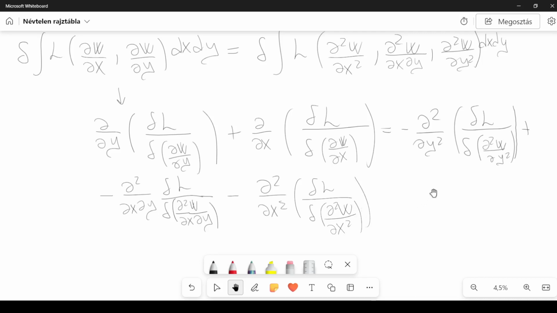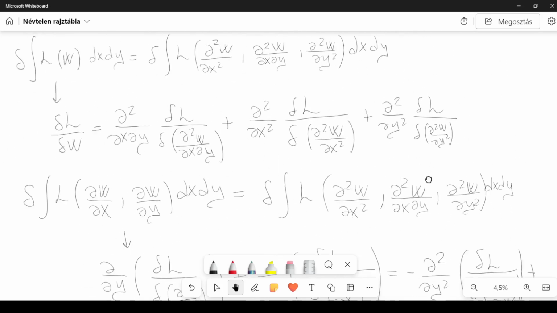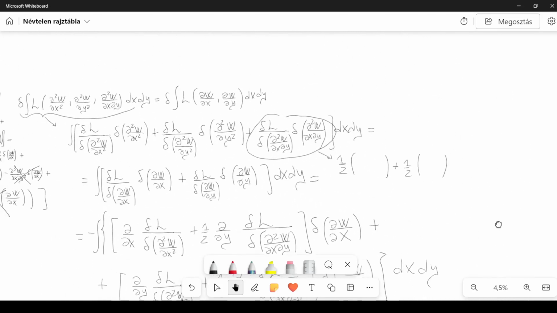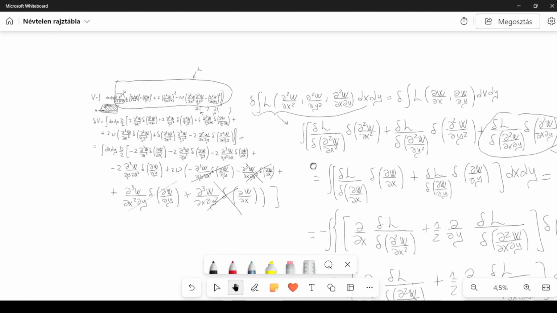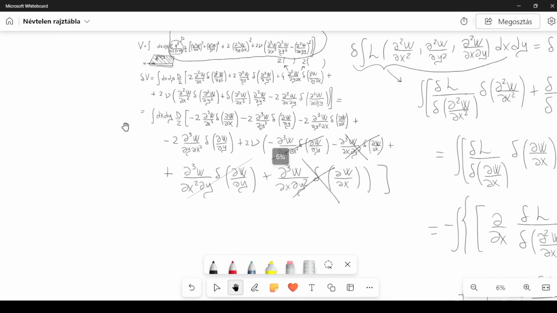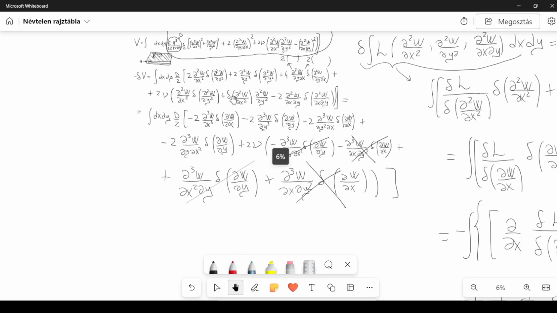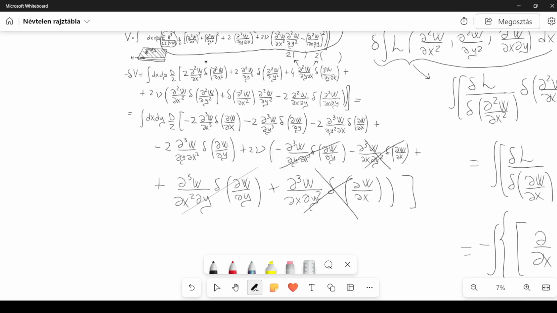Now let me use some physics, not just mathematics. In particular, if we go back to these changes that we have calculated, you can see that we have taken the variation of the action, where we expand in terms of the variation of the second derivatives, and also where we expand in terms of the variation of the first derivatives.